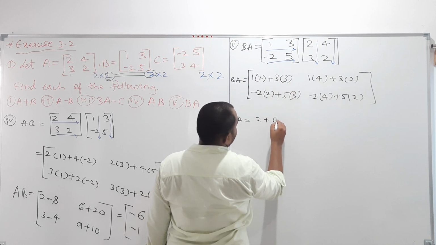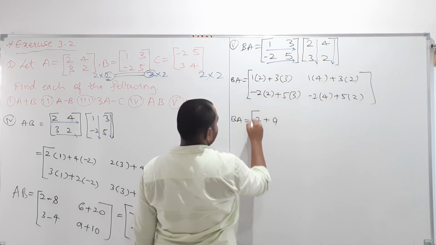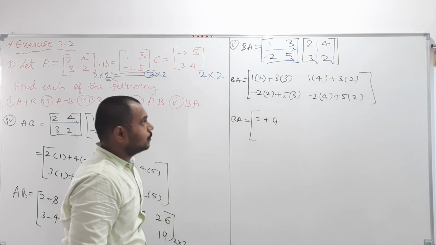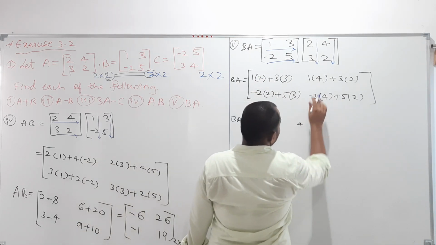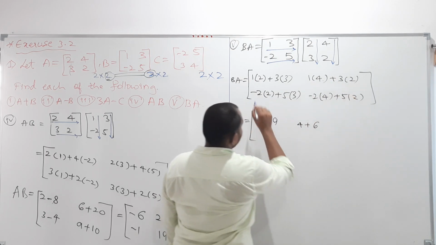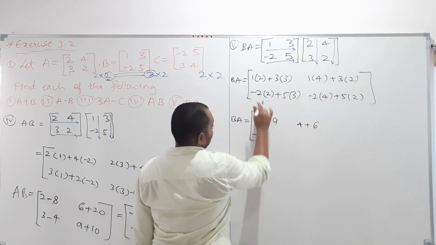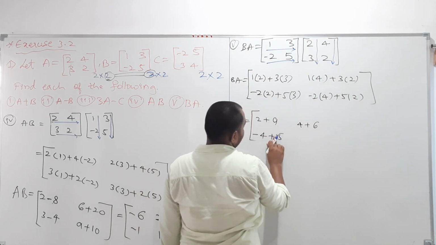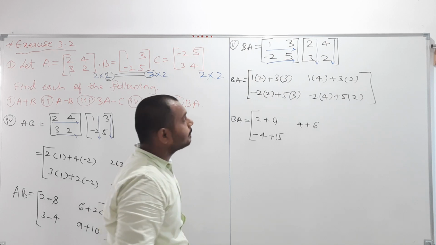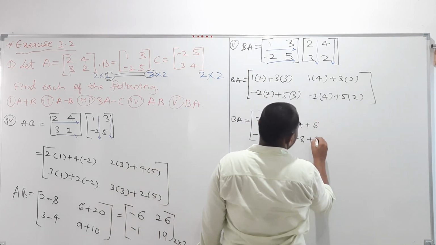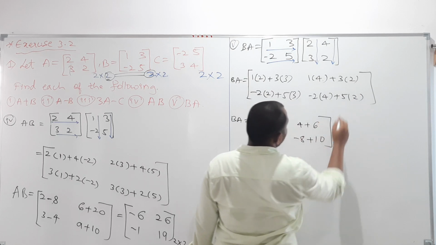This is equal to 1 into 2 is 2, plus 3 3s are 9. 2 into 1 is 2. Next, 4 into 1 is 4 plus 3 2s are 6. Next, minus 2 2s are 4 plus 5 3s are 15. Next, minus 4 2s are 8 plus 5 2s are 10.